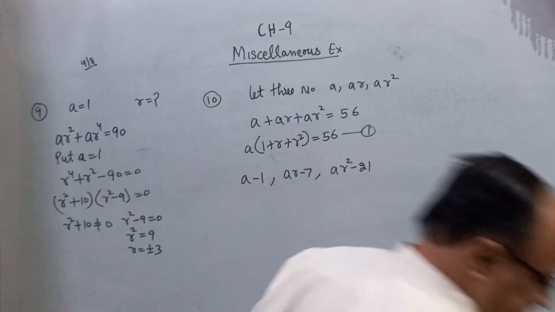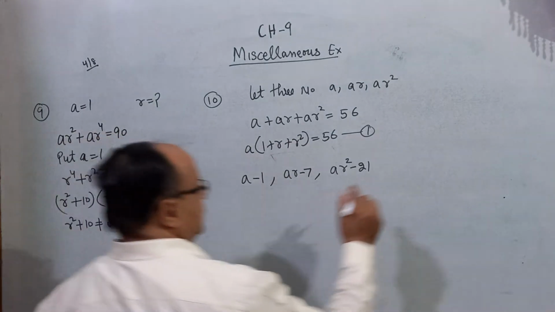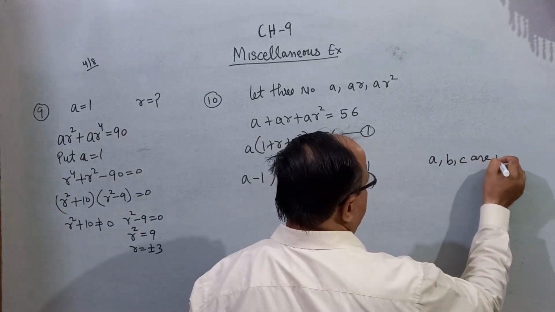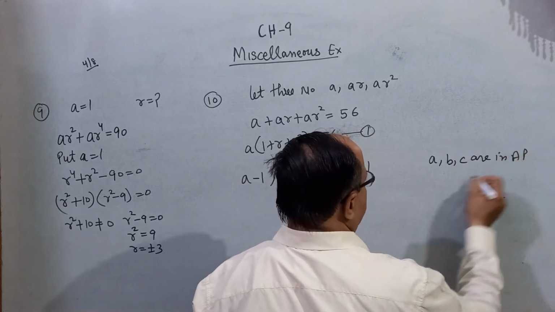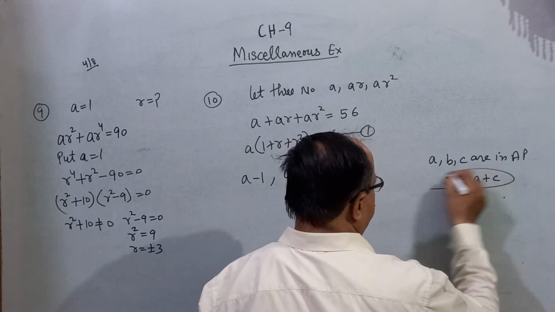Find these numbers. You know very well the result of AP: if a, b, c are in AP, then twice b is equal to a plus c. It is an important result.